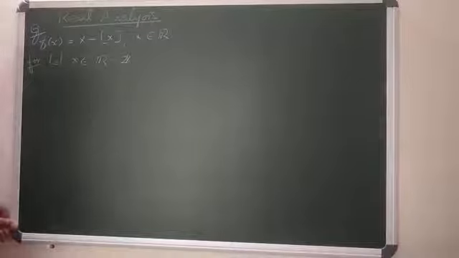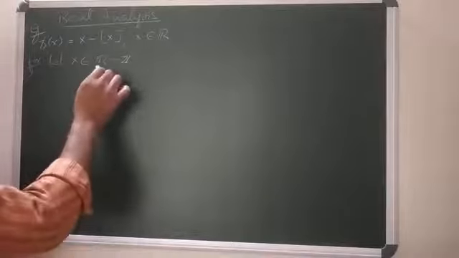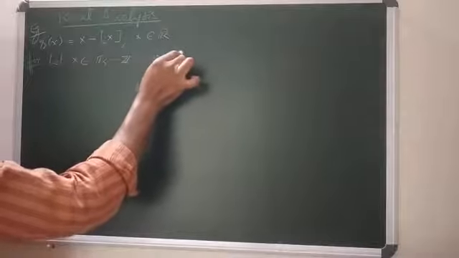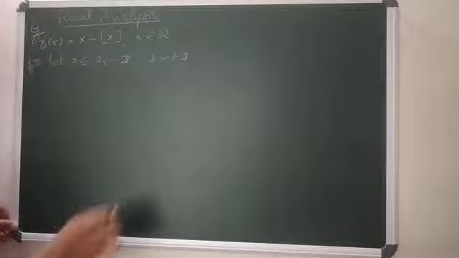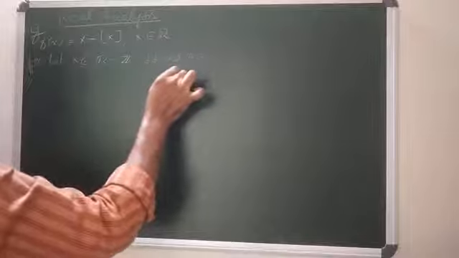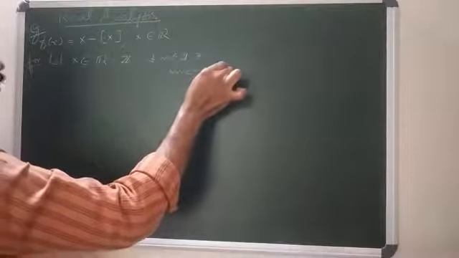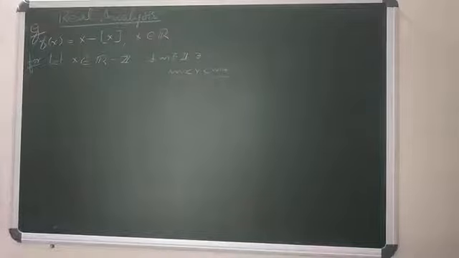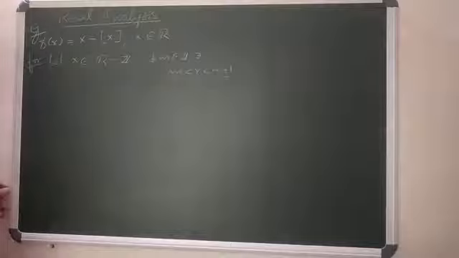So x falling in R minus Z means there exists some integer m such that m is less than r, which is less than m plus 1. Between any two integers there exists a non-integer value. Suppose it is a rational number, irrational, whatever it may be.